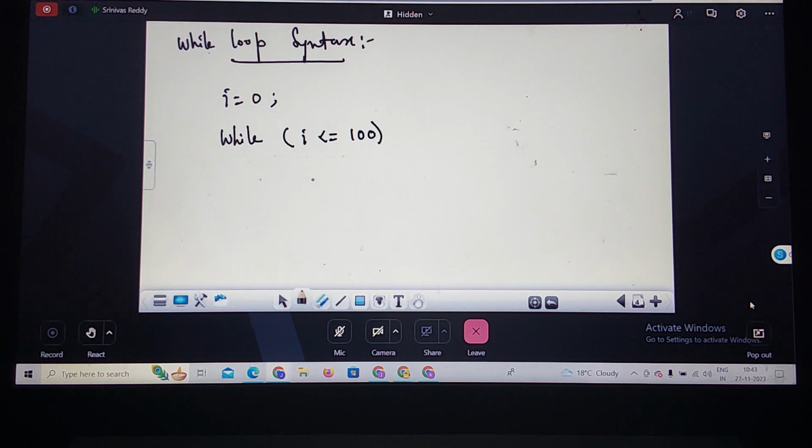If there are multiple statements in the while, I need to group them with begin and end. The body of the while loop is $display of i equal to %d, which is a formatted string, and the argument I pass is i. Then I need to increment i: i is equal to i plus 1.